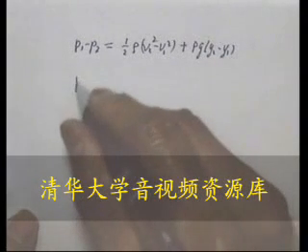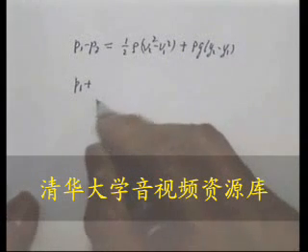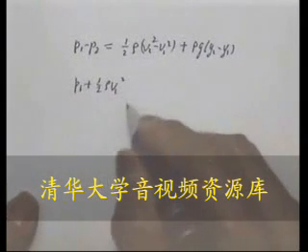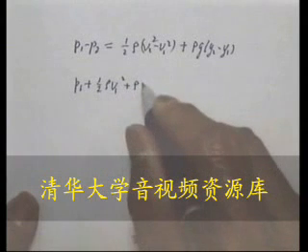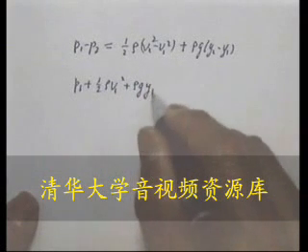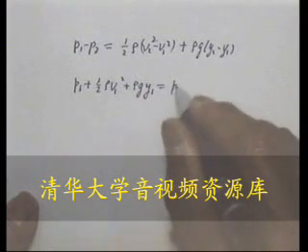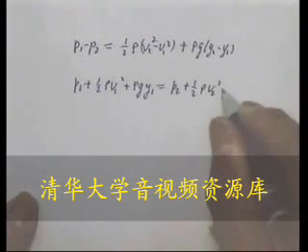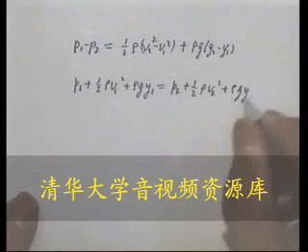Or you get P1 plus 1/2 rho V1 squared plus rho g Y1 is equal to P2 plus 1/2 rho V2 squared plus rho g Y2.